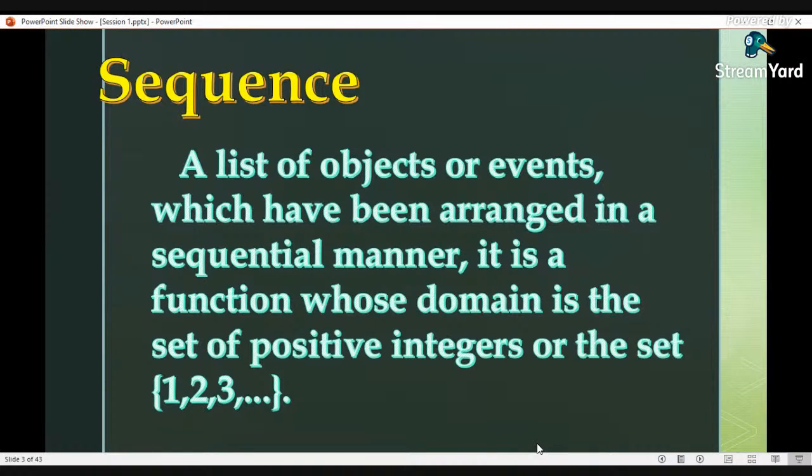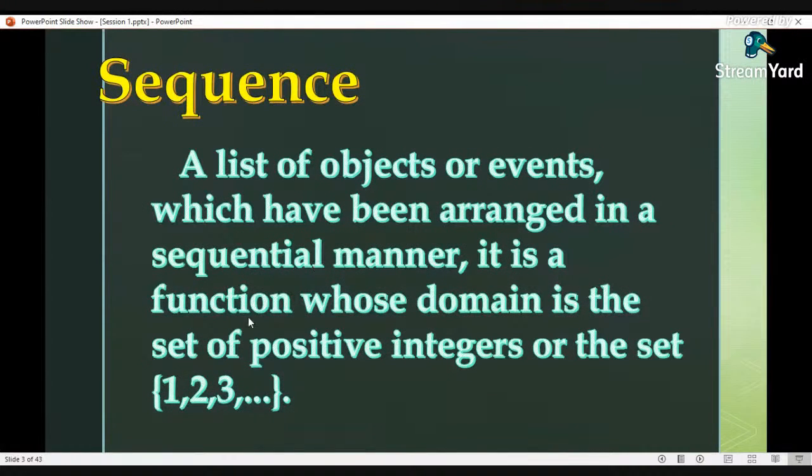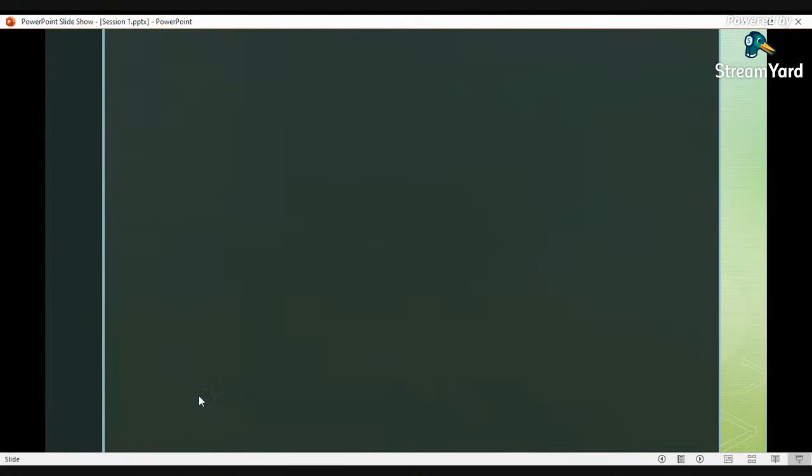When we say sequential manner, it means that it is in order, from the set of integers, which can be considered as 1, 2, 3, and so on.